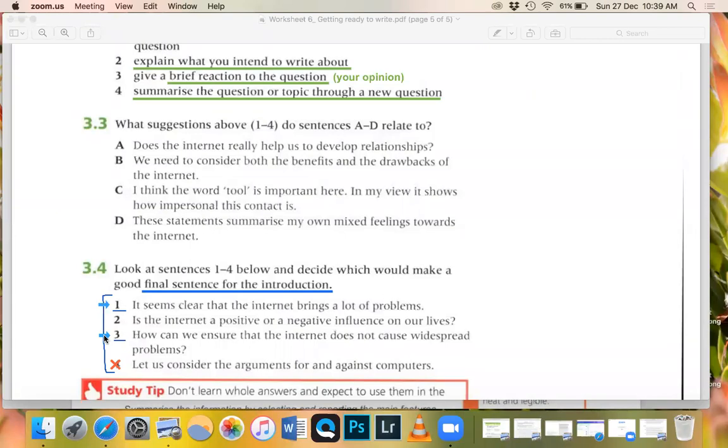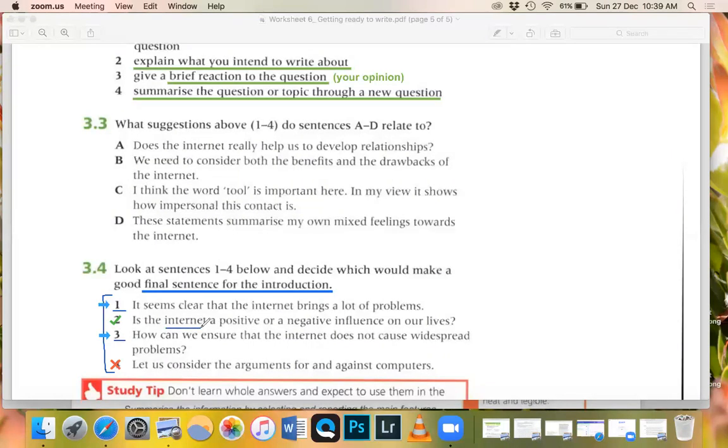Does this look at one or both sides? Also, only one side. So when it gives us two statements like that, we want to express that there are two sides to the story. So the best one for this essay is number 2, because it looks at both sides.